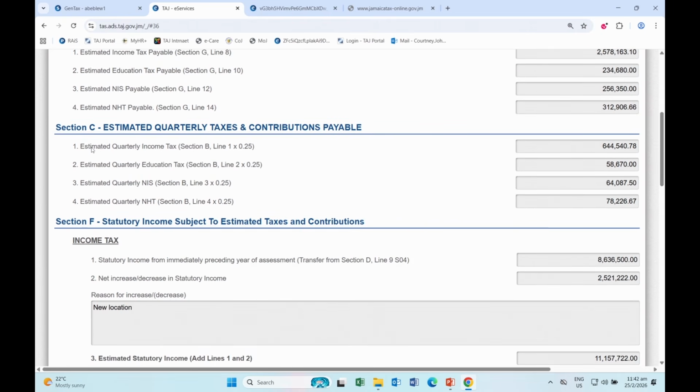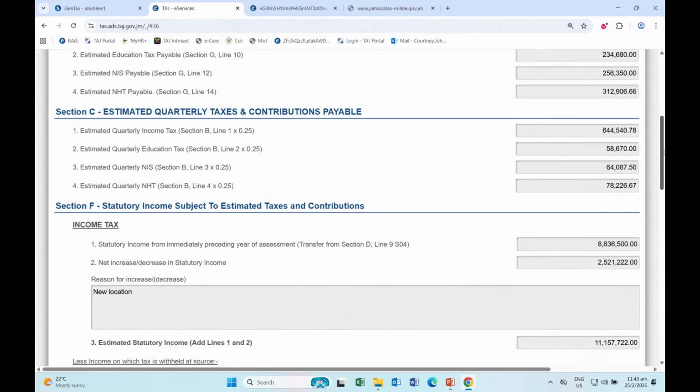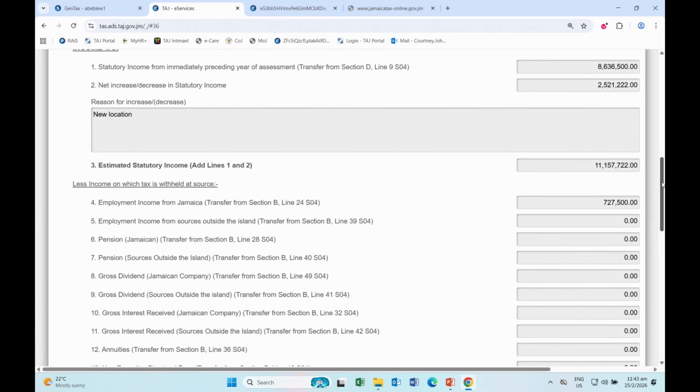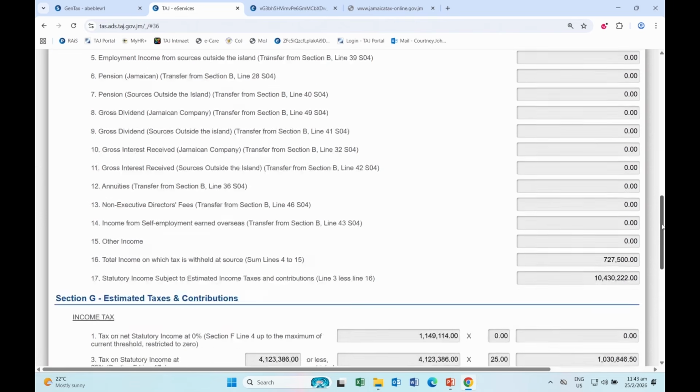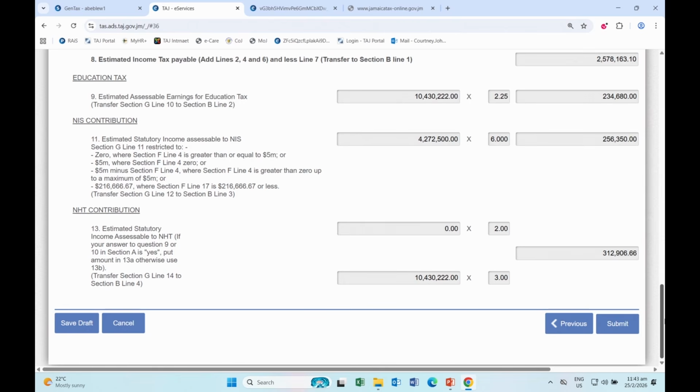The quarterly basis here is highlighted at section C. So you'll make these payments each quarter, and as was said earlier in my colleague's presentation, the quarterly payments are due by the 15th of March, 15th of June, 15th of September, and 15th of December. So by December, you'd have paid off all of this if you stay on point with those quarterly payments.